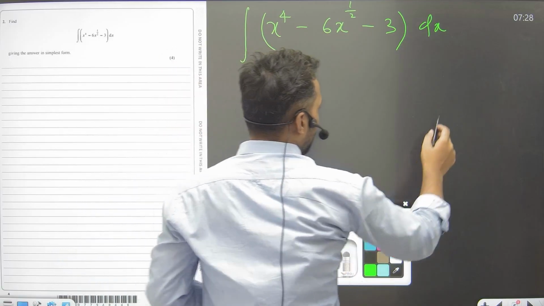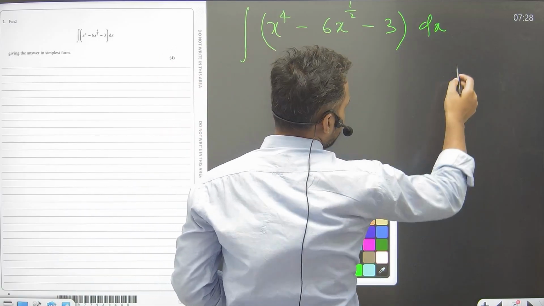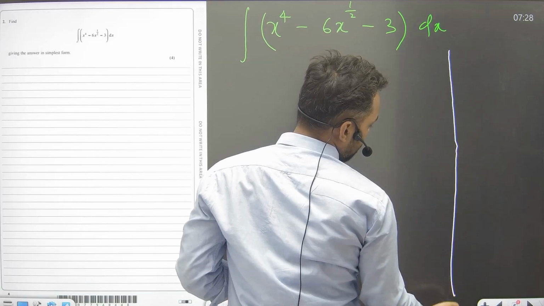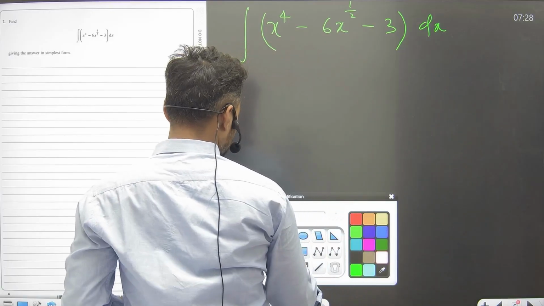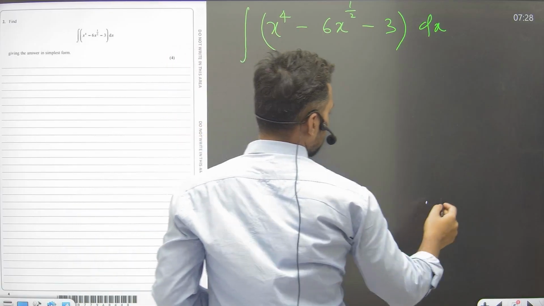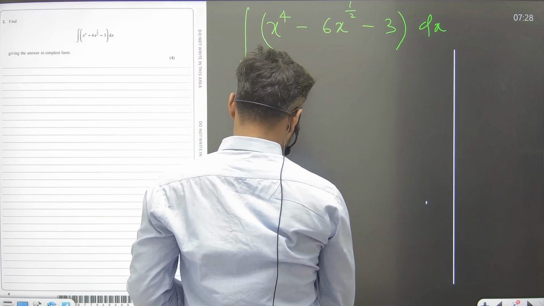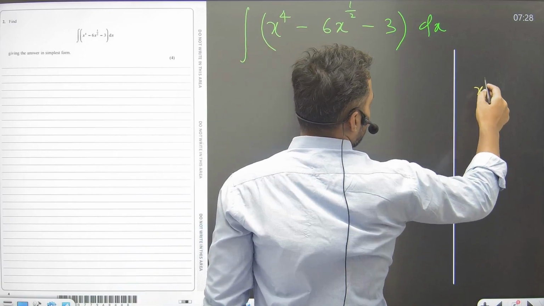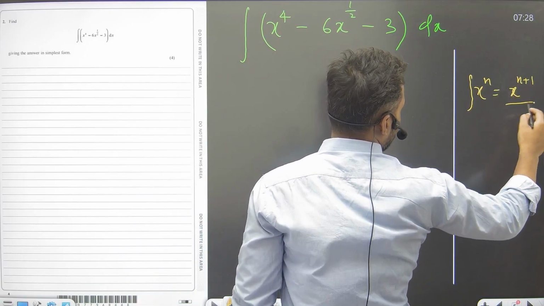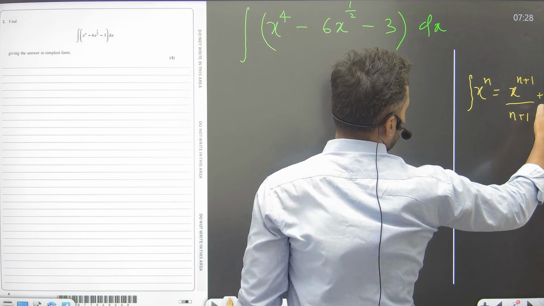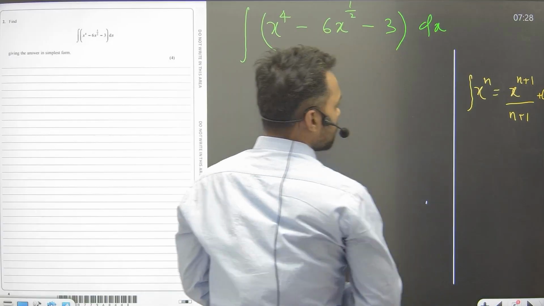Now what format will we apply here? See which integration rule we will be applying. The integration of x^n gives x^(n+1) upon n+1 plus c.